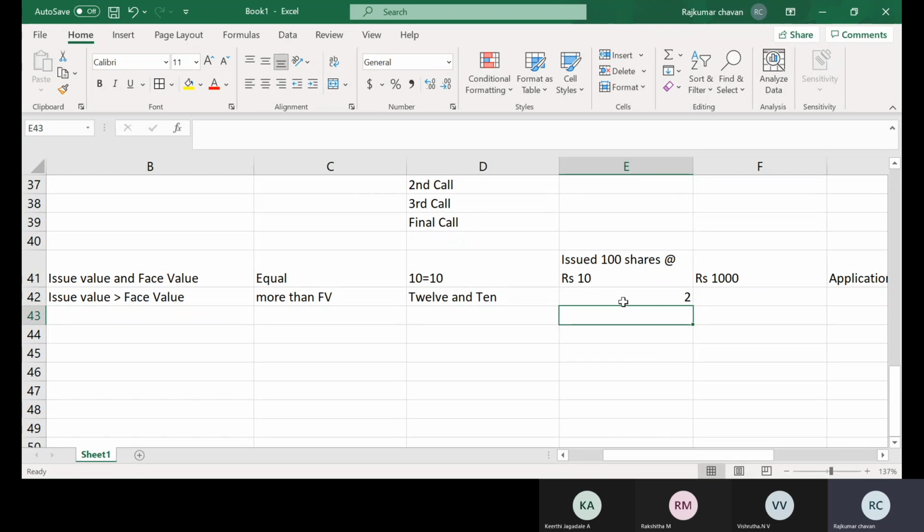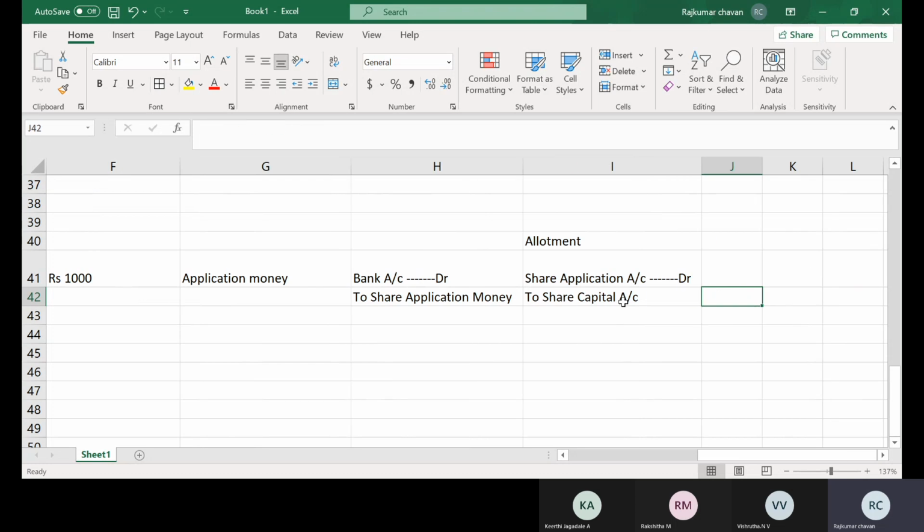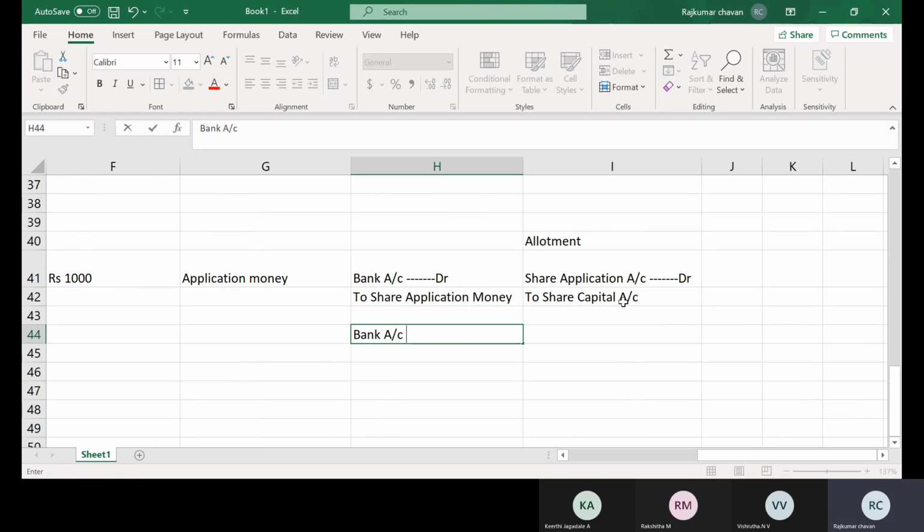Now, how do you treat a company's issue at a premium? If you receive shares at a premium, first of all, the entry is Bank account debit to equity share capital account. The premium amount will go to the securities premium account.